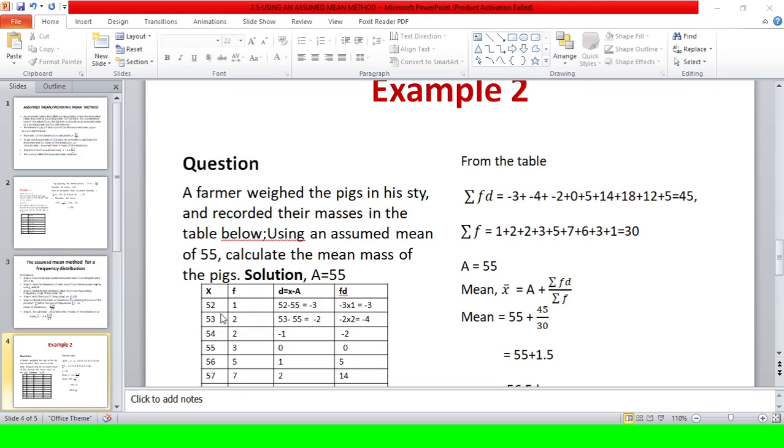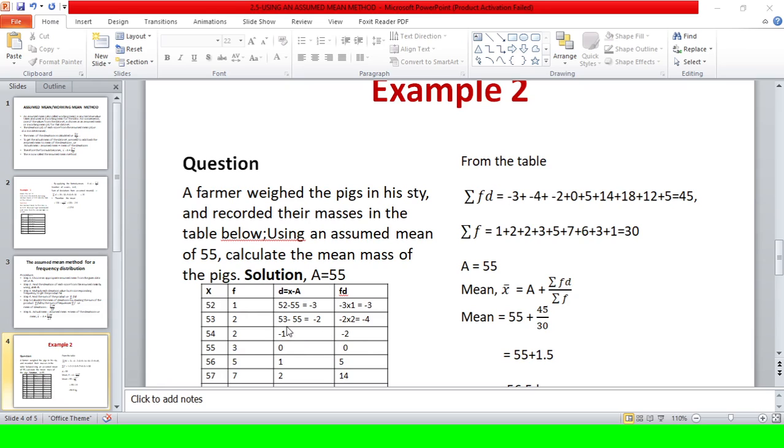So for 52, X is 52 minus the assumed mean 55, which will be negative 3, and the product FD will be this F, 1 times negative 3 equals negative 3. So the column of product FD is obtained like that.